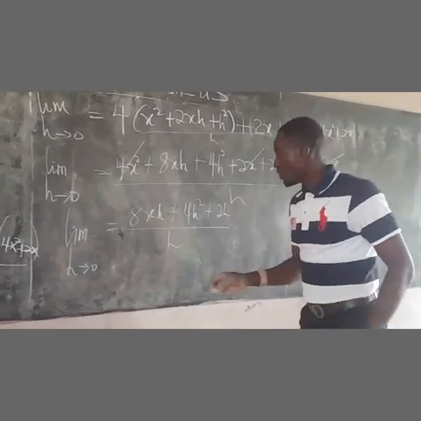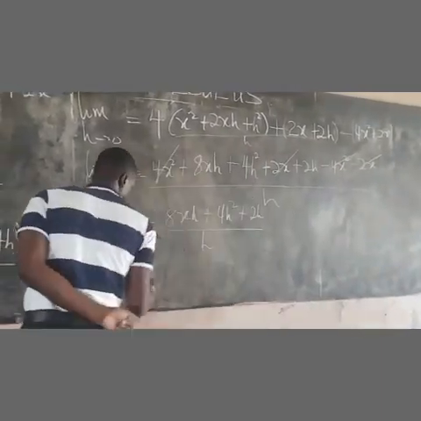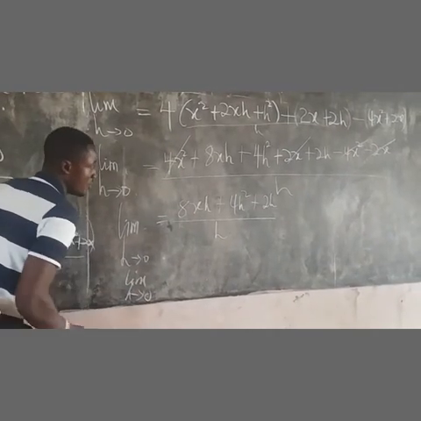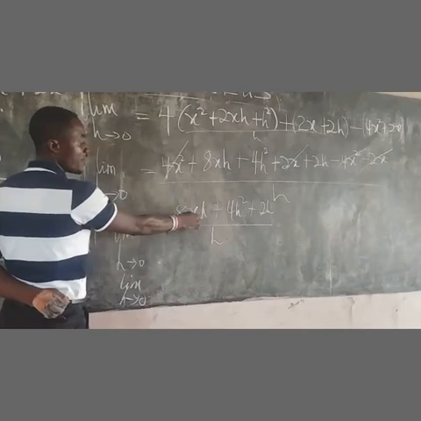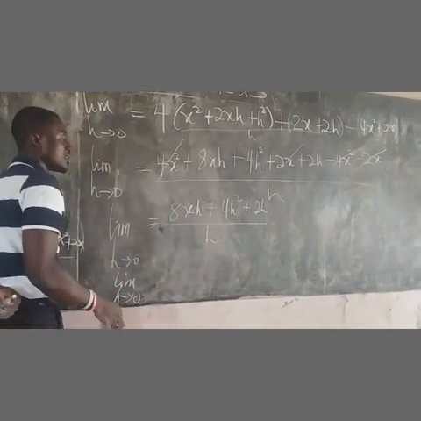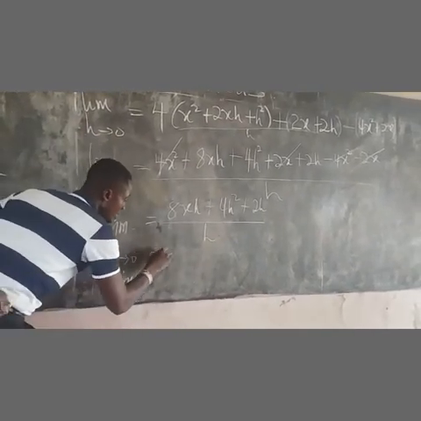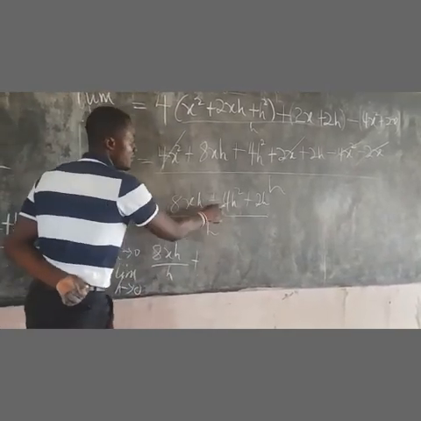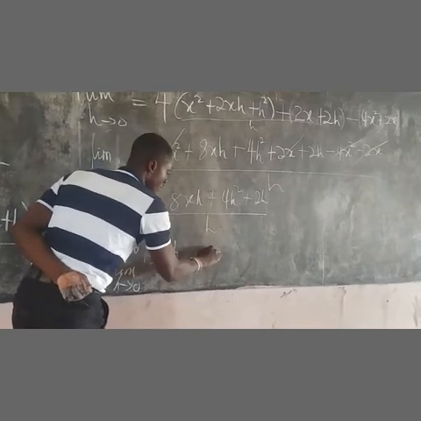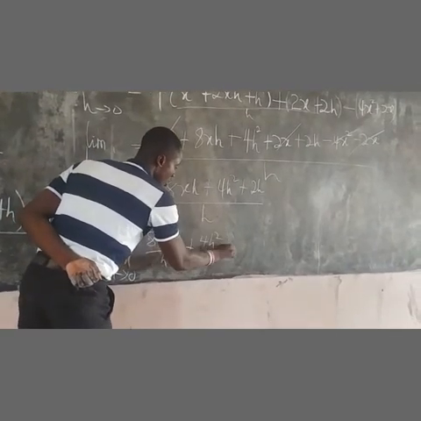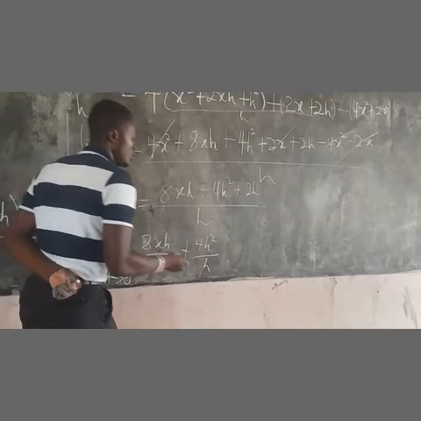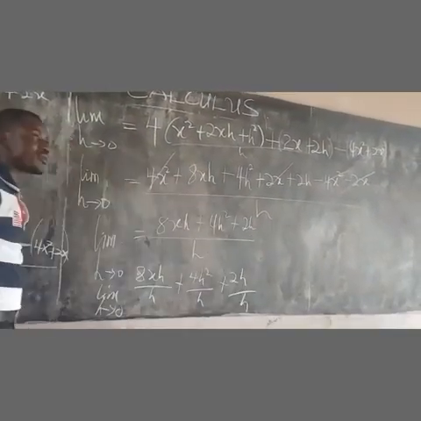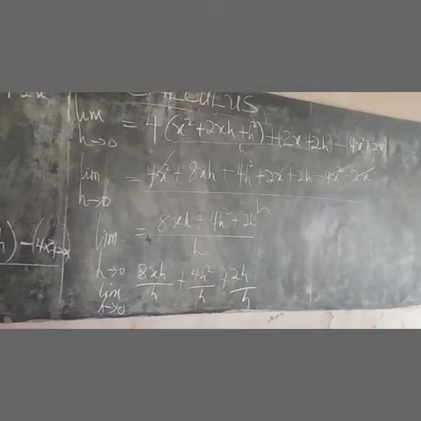So we have our limit as h approaches 0. This h is affecting each term. So we write 8xh over h plus 4h squared over h plus 2h over h. So I think we can do some cancellation here.